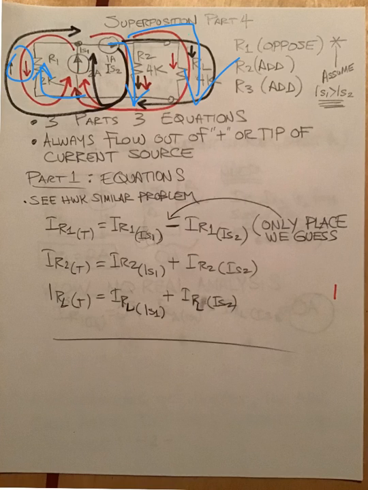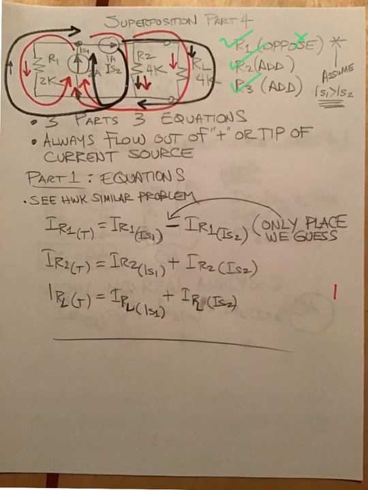And that means there's going to be some opposition on that resistor R1 because they go in the opposite direction. I've already marked here that R1 opposes, R2 appears to add, and R3 appears to add. So our only place to make a mistake is right here at R1.